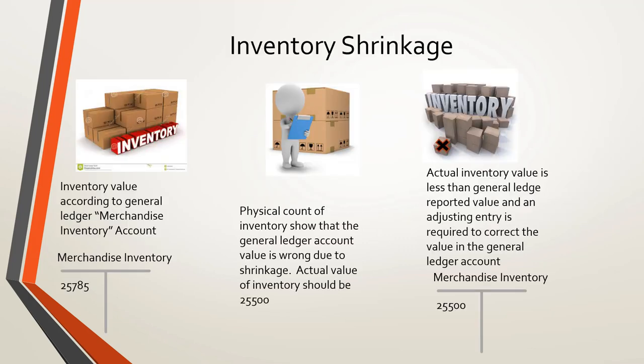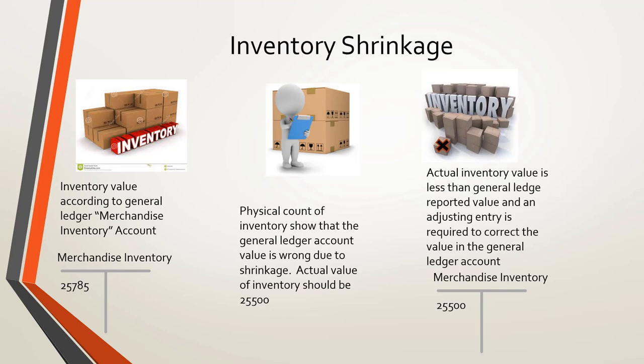And so this slide will help us demonstrate how that physical count identifies the shrinkage here. So on the left, you see that we have some inventory, and according to our general ledger account, we think we have $25,785 worth of inventory. But in the middle of this slide, we see somebody goes out and actually counts our inventory and determines that no, we do not have $25,785.